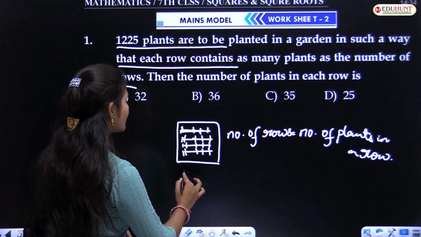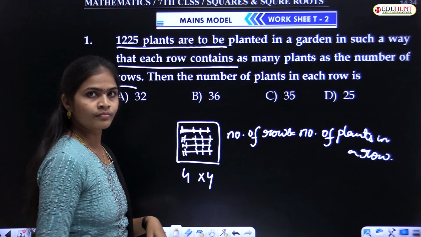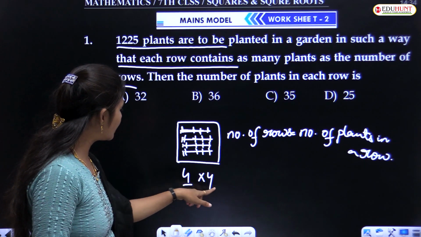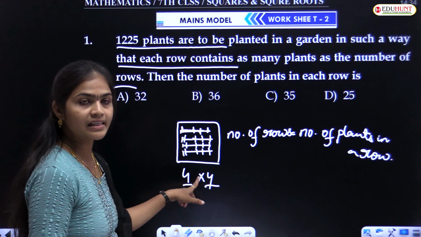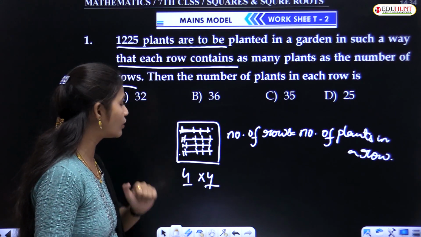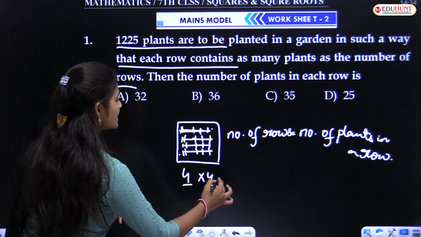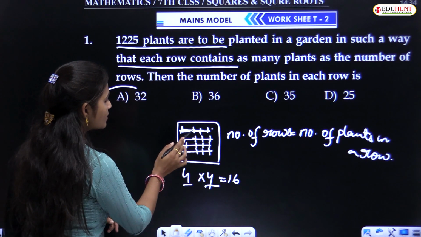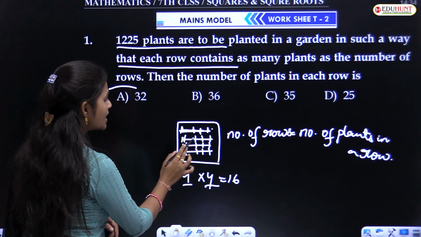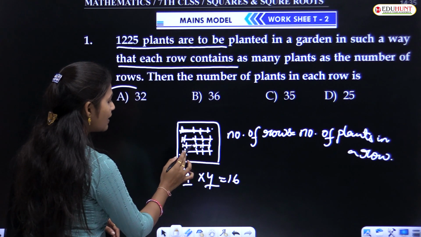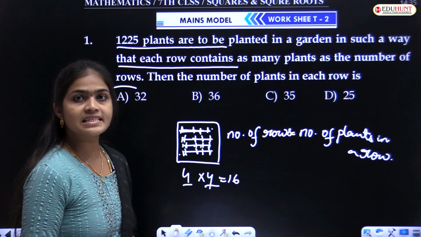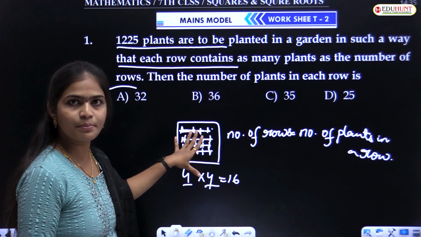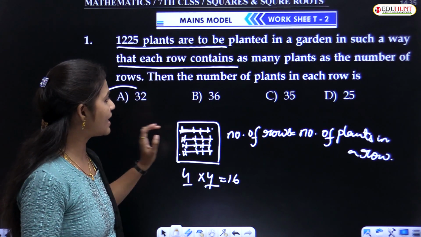So we write this as 4 into 4, no? The number of rows is equal to the number of plants planted in each row. 4 4s are 16. Now count: 1 2 3 4 5 6 7 8 9 10 11 12 13 14 15 16. So 16 plants are there here. This is the example.